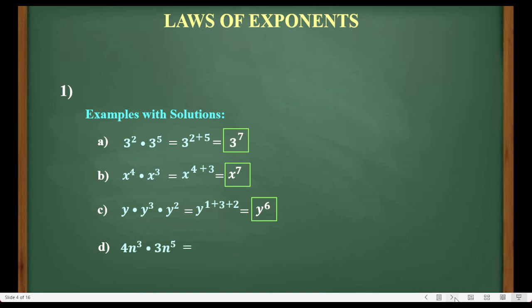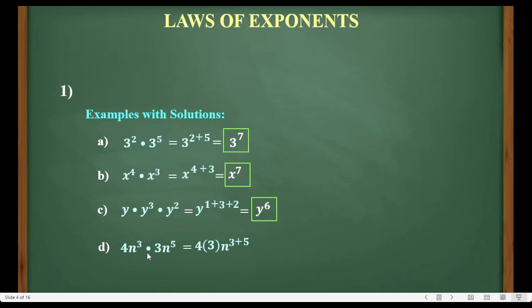So this is what you're going to do. We group together those coefficients. Let us isolate first 4 to be multiplied by 3, followed by the remaining factors, n cubed to be multiplied by n to the fifth. So 4 times 3, then n cubed times n to the fifth.